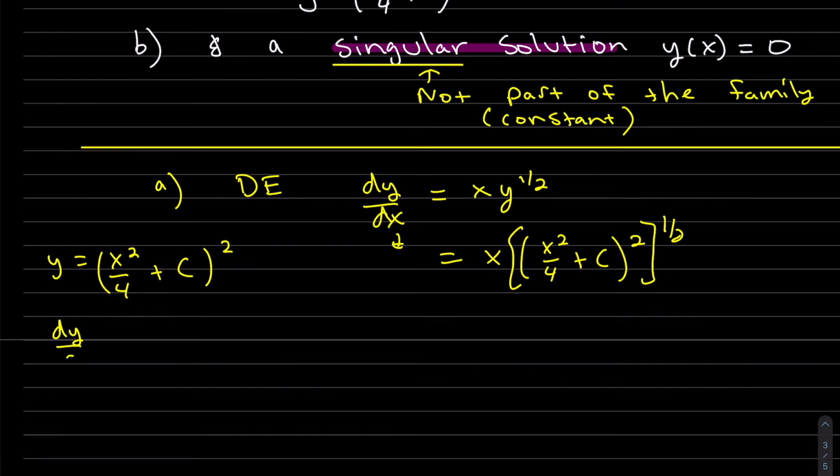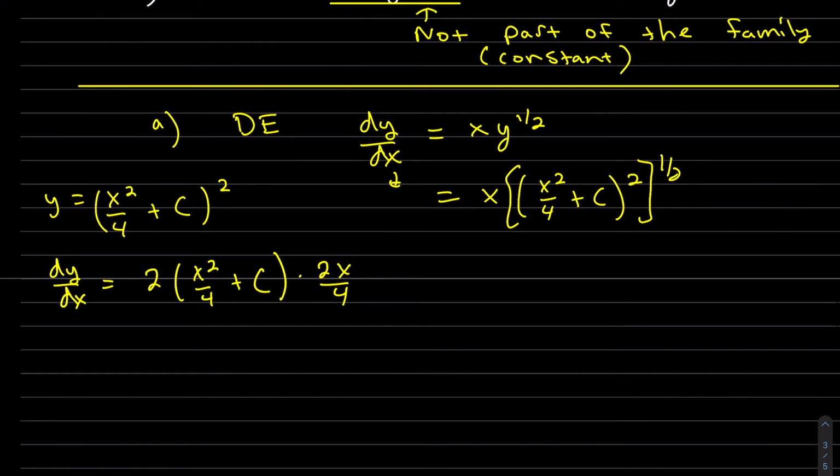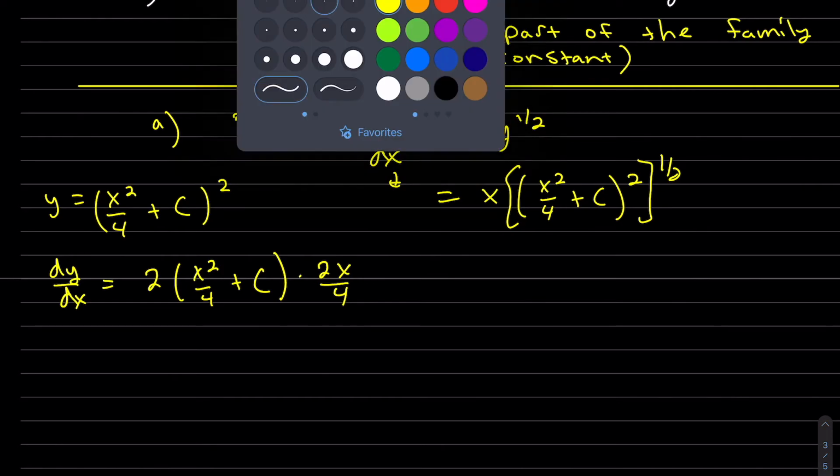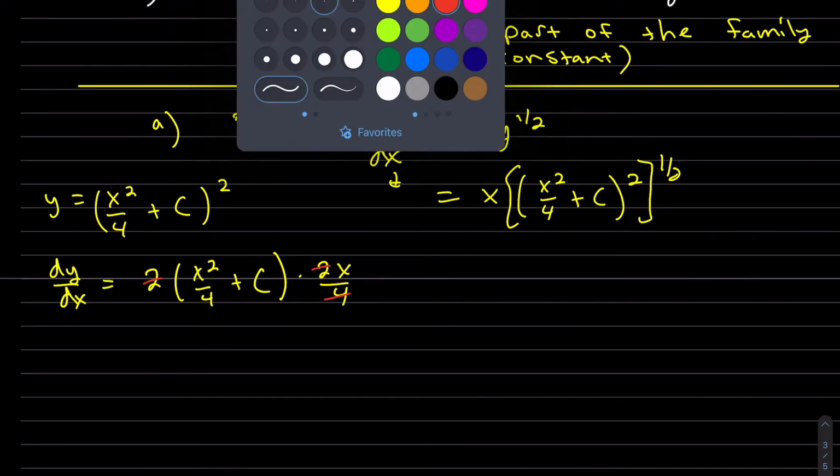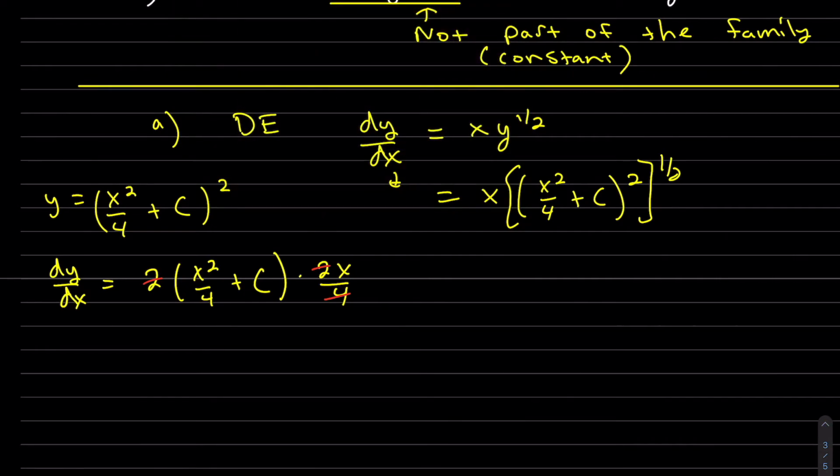Dy dx. We'll use the power rule, I should say, and now chain rule times the derivative of the inside. And clean it up. And plug it in.